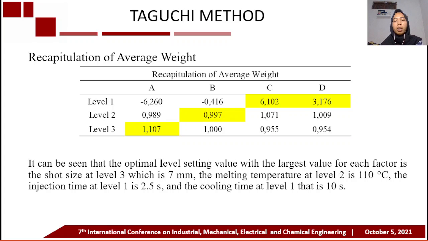And then after getting the SNR point, calculate the weight point and get the result as in the table. The optimal level setting with the Taguchi method is 7 mm at shot size, melting temperature at 110 degrees Celsius, injection time is 2.5 seconds, and the cooling time is 10 seconds.